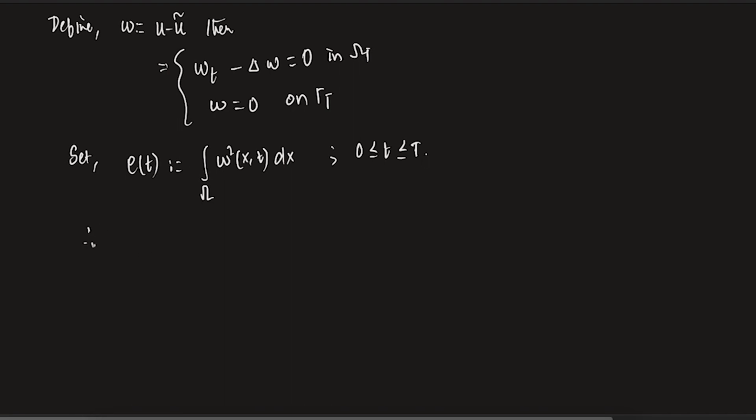Now, what is E prime of t? Prime is the derivative with respect to t. If you take the derivative with respect to t, it gets inside the integral, because the integral is with respect to x. It becomes the integral over Omega of 2 w of x, t times w_t of x, t dx.